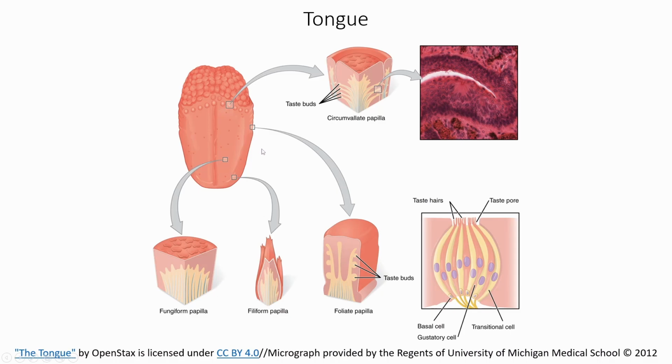You may have heard about the map of the tongue in terms of what you taste, like, oh, this part of the tongue is for sweet and this part's for savory. Take that and throw it in the garbage, right? There is a map in terms of the shapes of the papillae, but in terms of what tastes we get, there is no legitimate map telling us this part of your tongue can only taste sour.